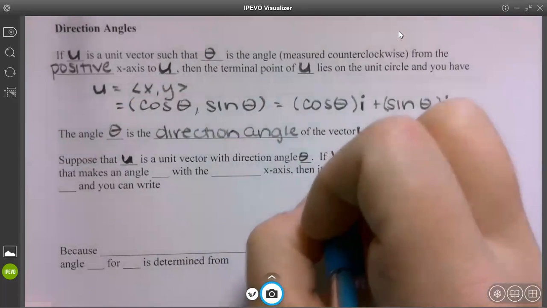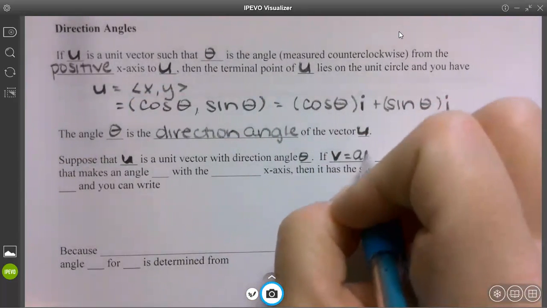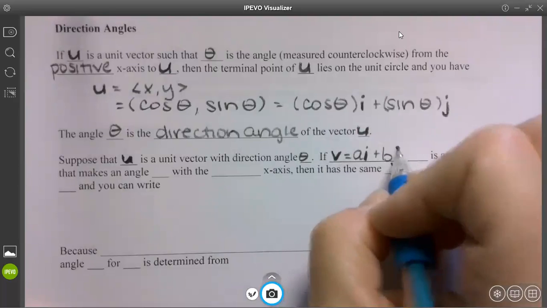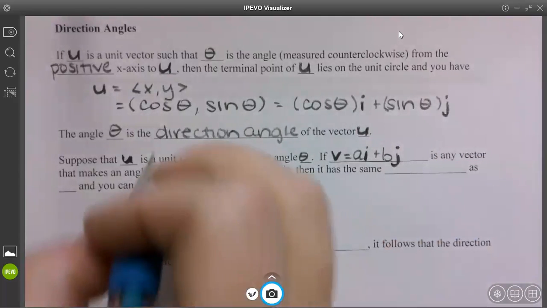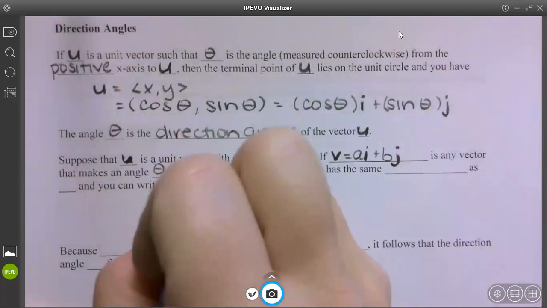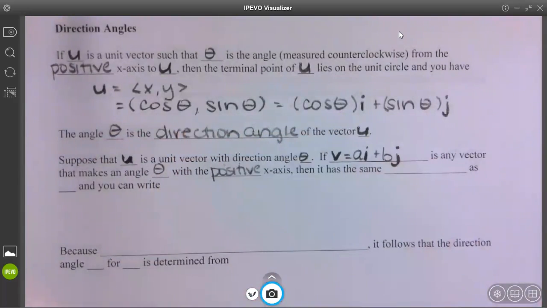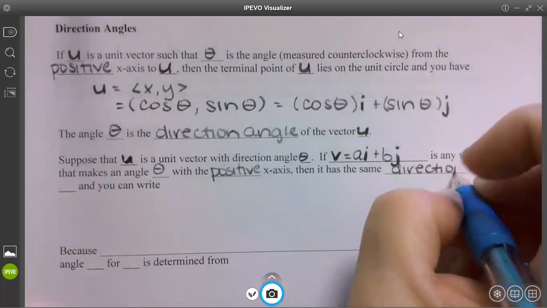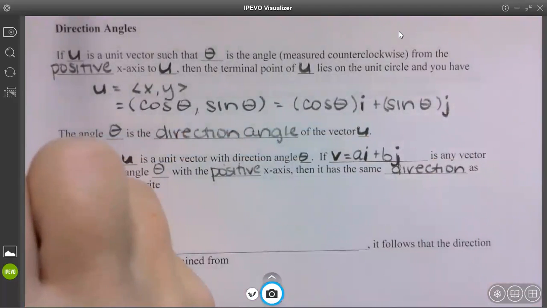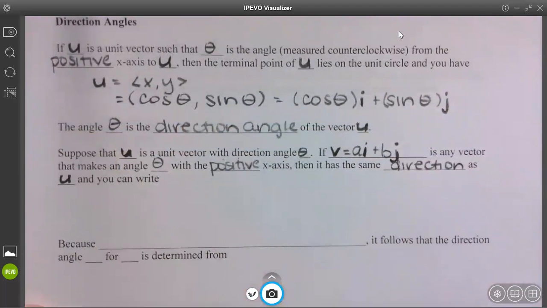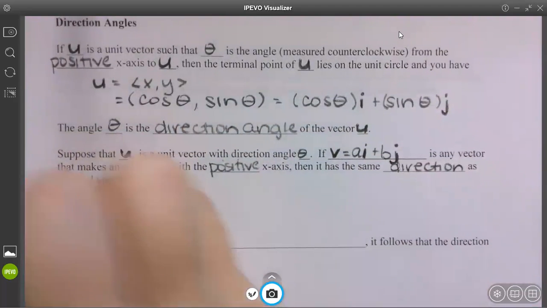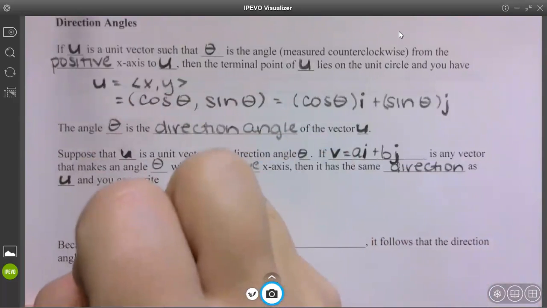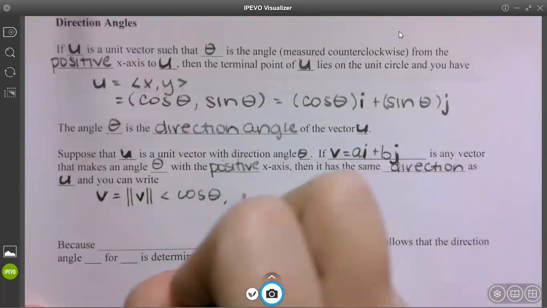If V is equal to AI plus BJ, any vector that makes angle theta with the positive x-axis, then it has the same direction as U. And you can write V is equal to the magnitude of V times (cosine theta, sine theta).